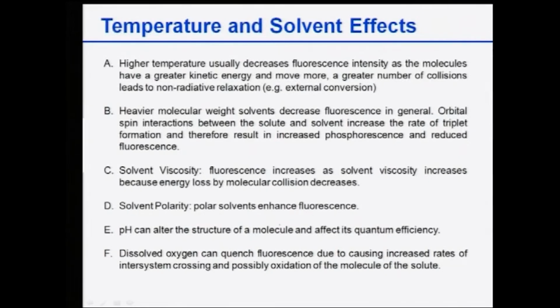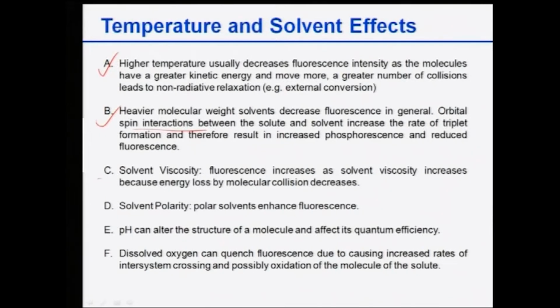That is the temperature effect. Now, the heavier the molecular weight of the solvent, the lower the fluorescence yield. Orbital spin interaction between the solute and the solvent actually increases the rate of triplet transitions and therefore results in increased phosphorescence and reduced fluorescence. This is mainly because of these orbital spin interactions.